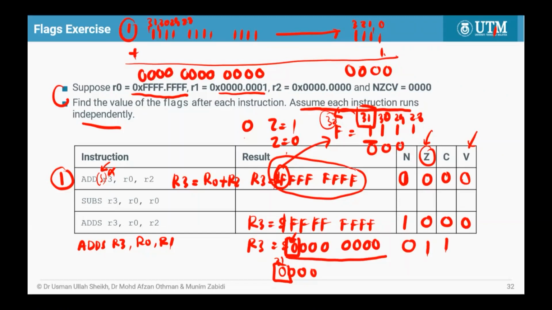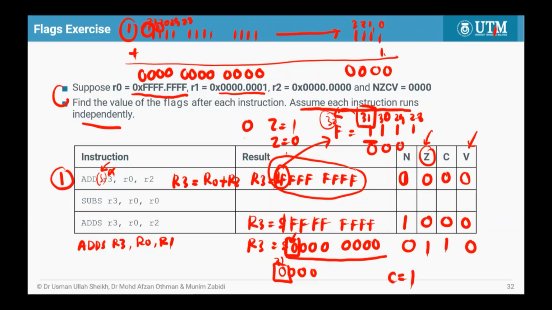What about V? Is V 0 or 1? In this case, your V is 0. Why 0? Since you have C equal to 1, and from bit 30 to bit 31 as well you have the carry.